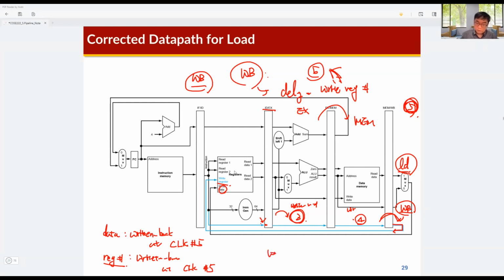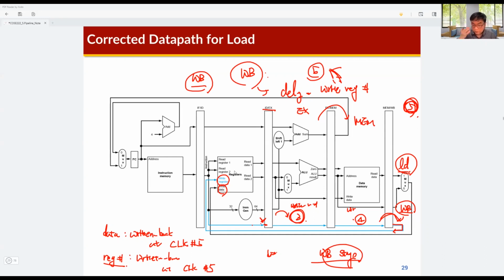The write register number and write data are consumed at the write back stage. So in order to meet the timing of this write register number and write data, we can delay them through the pipeline register.